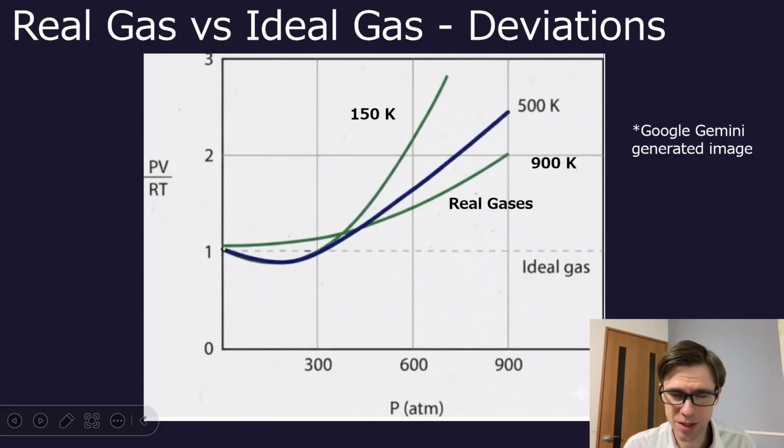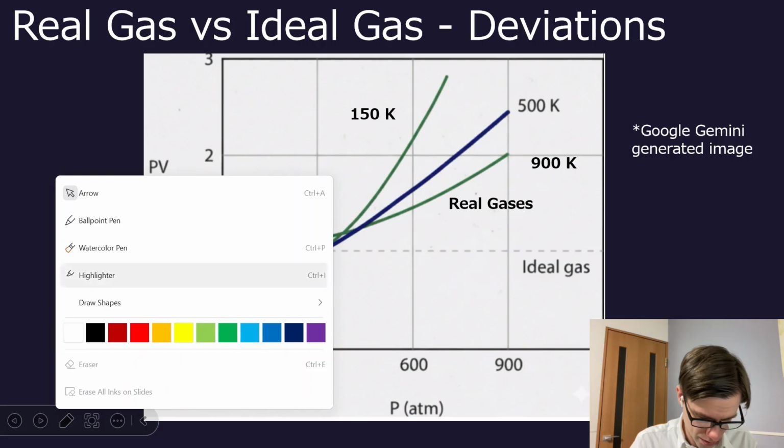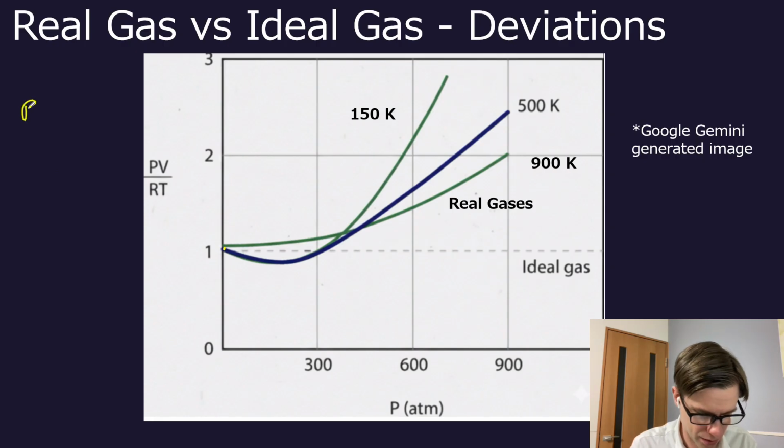Seemingly random, but you might remember this graph from one of my previous videos about ideal gases. This shows the deviation of ideal gas behavior from the normal. Normally we would have PV equals nRT, so n equals PV divided by RT. The equation that's in your data book is PV equals nRT.